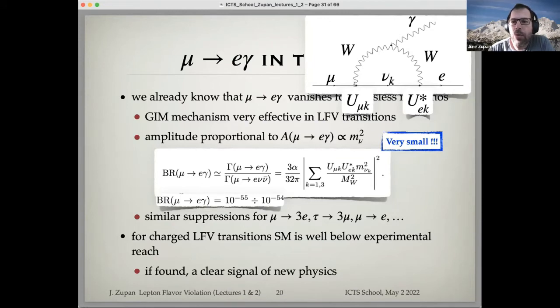And in order to probe the left-handed part, I have to put in 2 insertions of the mass matrix. So I'll go from left-handed to right-handed coupling if I insert the neutrino mass, and then another insertion for going from right-handed to left-handed, and the W couples only to the left-handed current.